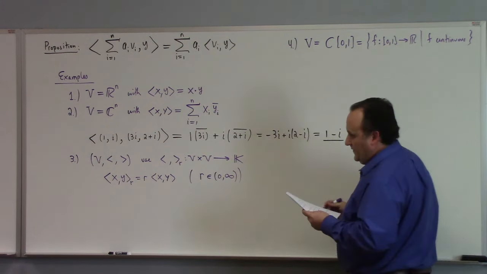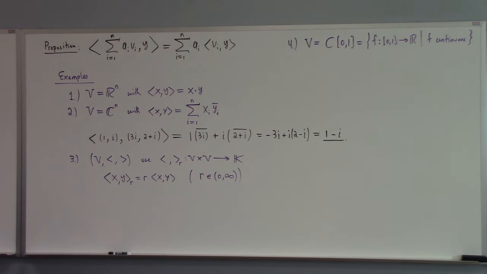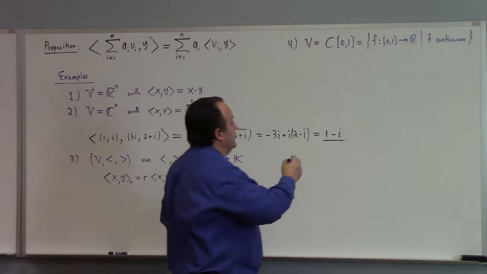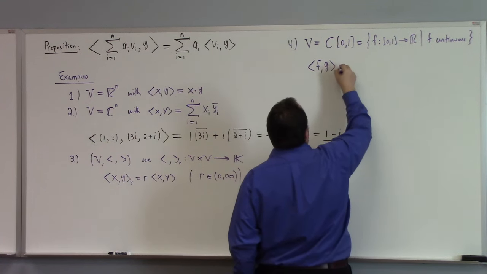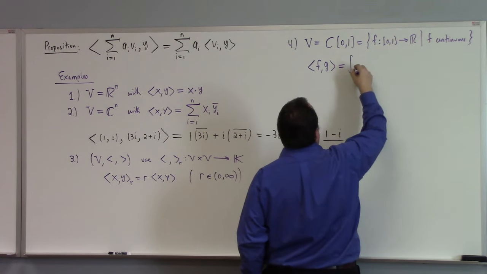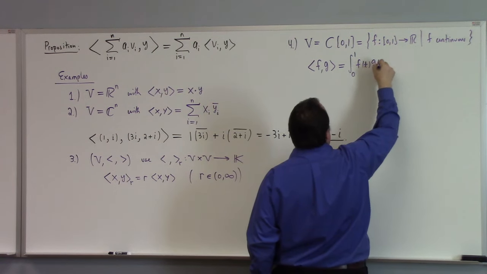So the continuous functions with domain 0 to 1. In this case, we can define the inner product of f and g to be equal to the integral from 0 to 1 of f(t) g(t) dt.